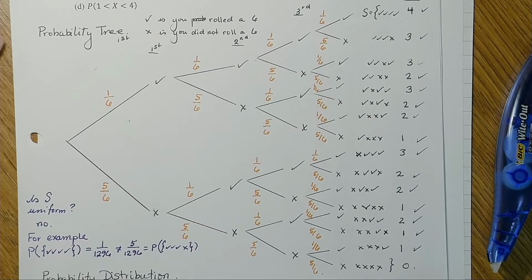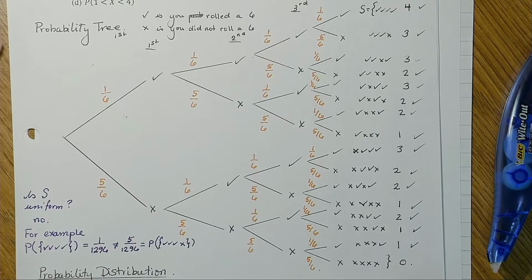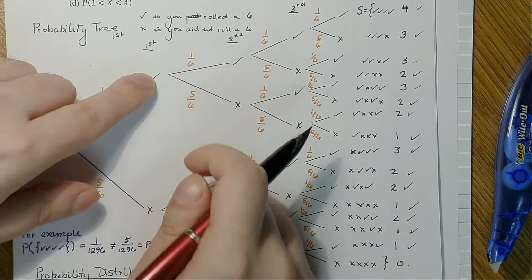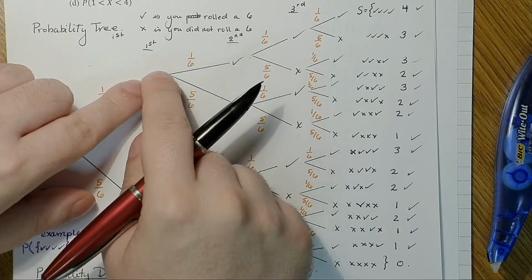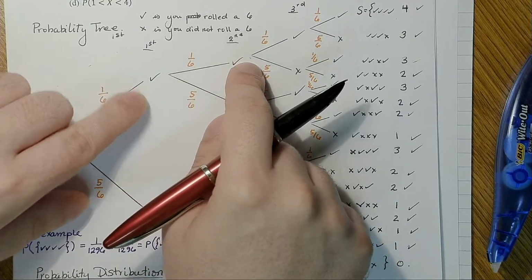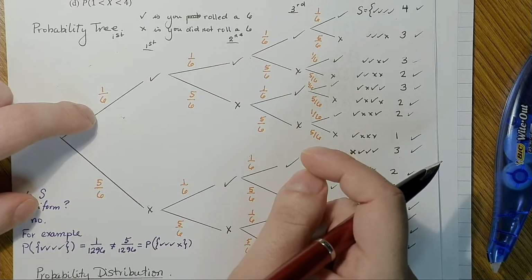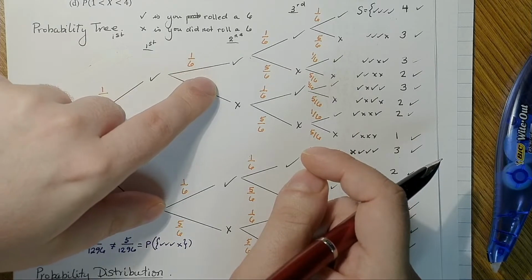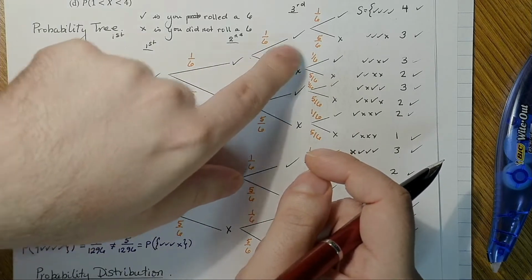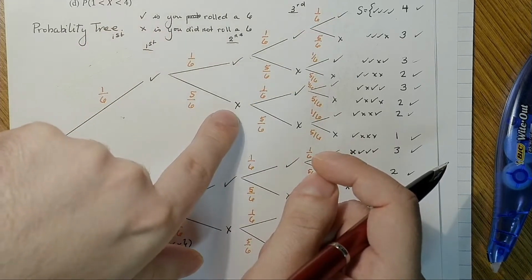Something else that's interesting is that each of these throws was independent. The probabilities didn't change of me getting a 6 on the first roll, or the second roll, or the third roll, or the fourth roll.